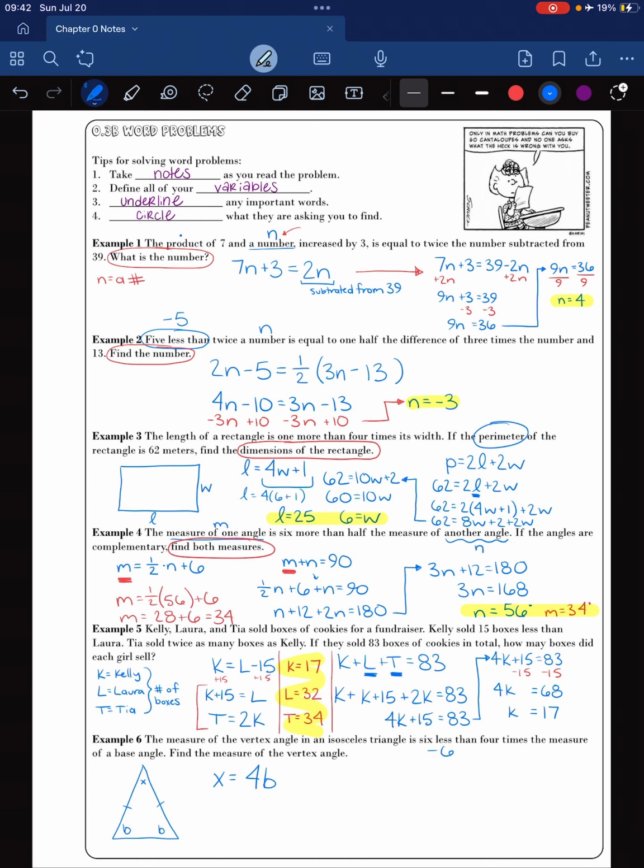Since it's isosceles, those are both the same, so X equals 4B minus 6. Find the measure of the vertex.